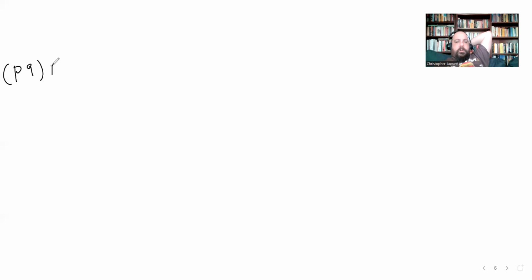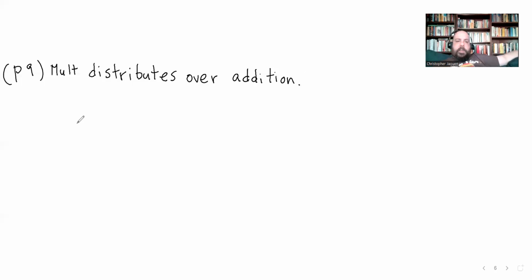P9, I think, is the distributive law. So multiplication distributes over addition. And again, there's just a bunch of cases that you'd have to try. So for example, 0 times 0 plus 0.